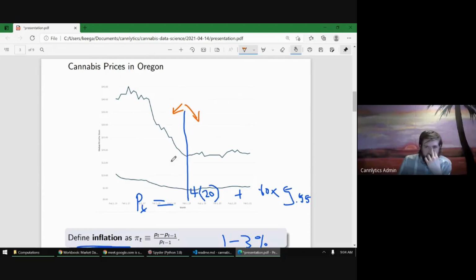You could see if there was some sort of structural break in the market, because it looks like things have kind of stabilized, and like I said, they may even be trending up. It's kind of hard to tell.